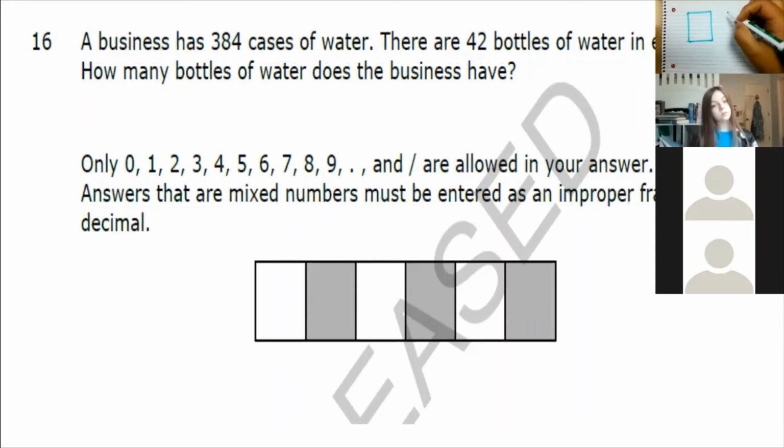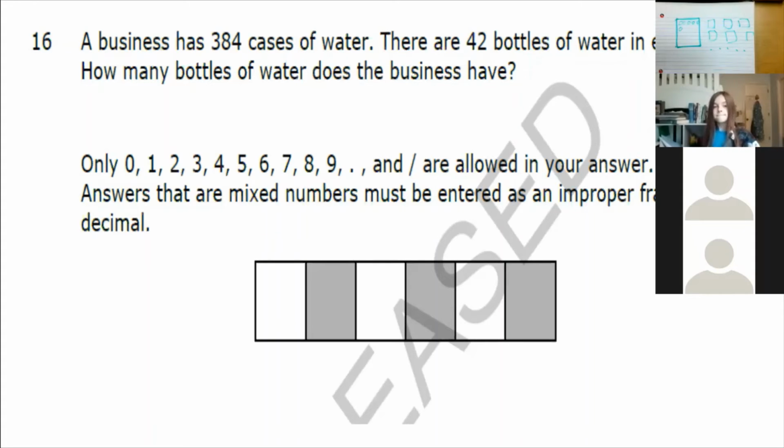I don't want to draw 384 cases, but you can imagine how many I'd have to draw, right? I have to keep going and keep going. There are 384 cases of water, but there are 42 bottles in each case. And I'm not going to draw 42 bottles, or even 42 circles.